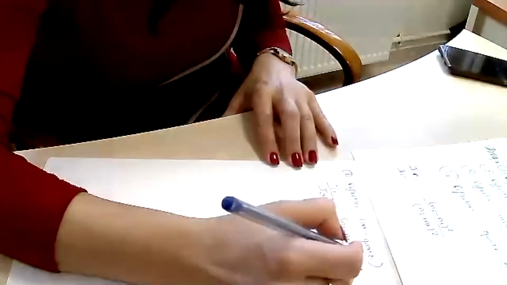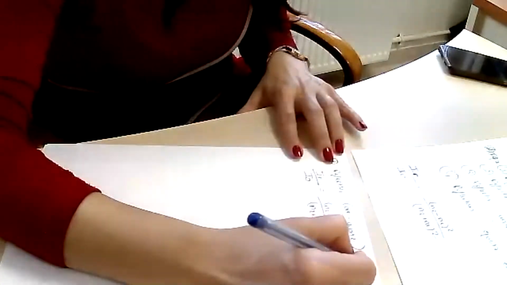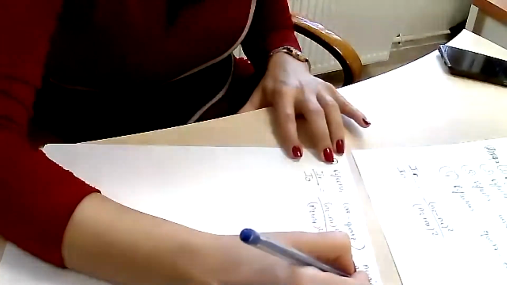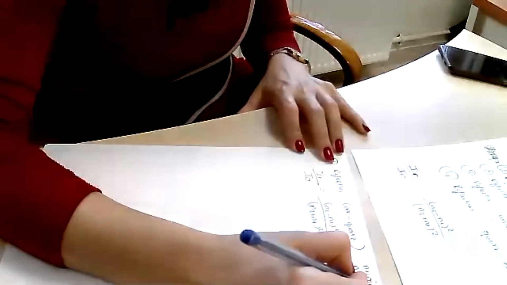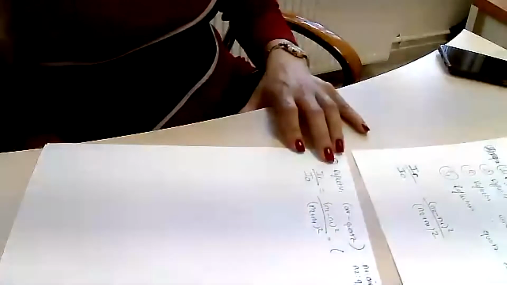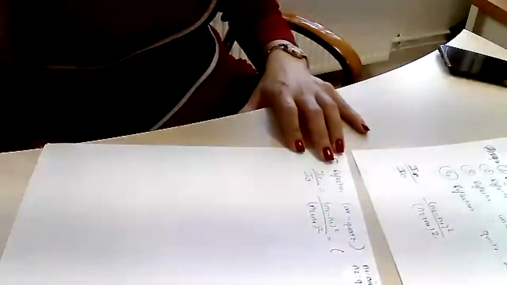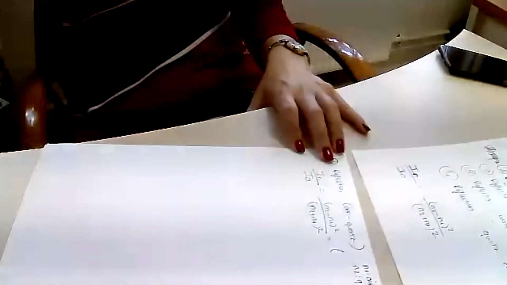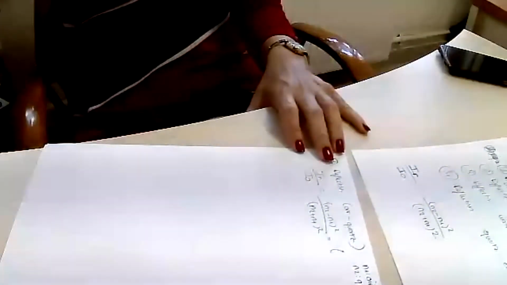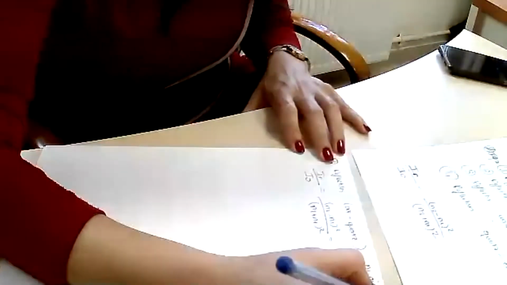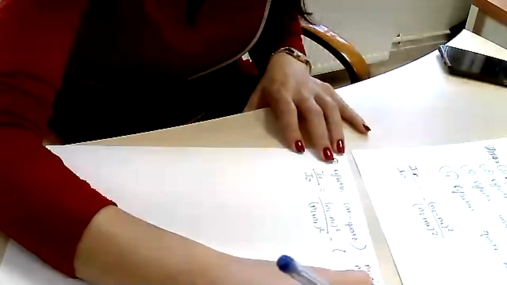So what is N2 here? N1 is air, N2 is quartz. What is the air value, and what is the quartz value? Let me check this on the presentation. I will check the value for air: 1.003.